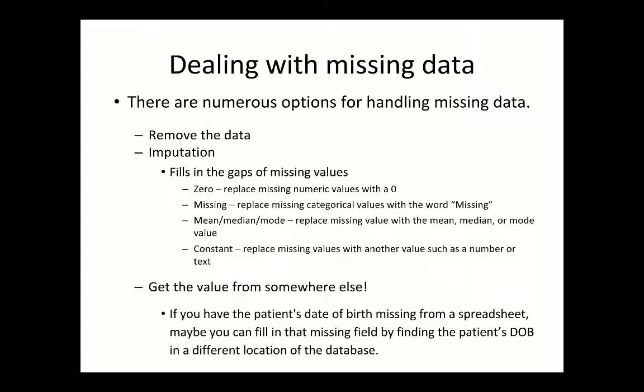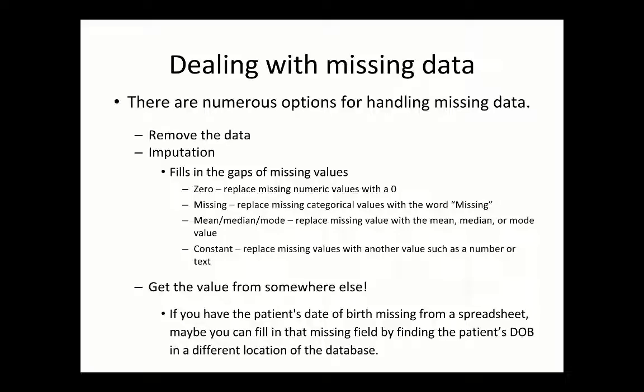This may have been entered into the database as a blank entry instead of a 0. Therefore, replacing the blank with a 0 would be appropriate. However, if you replace a blank with a 0 value in a column such as heart rate, a 0 value would skew the data incredibly. A blank was likely entered because heart rate was not captured for that patient.